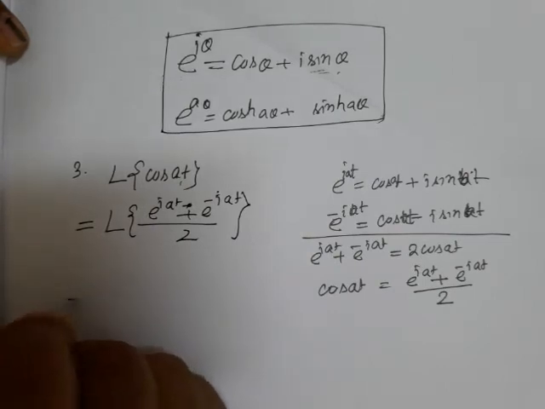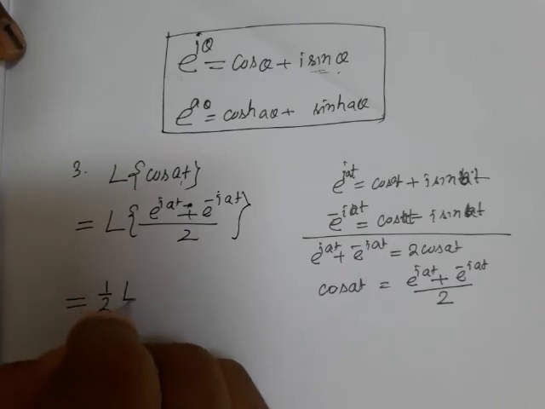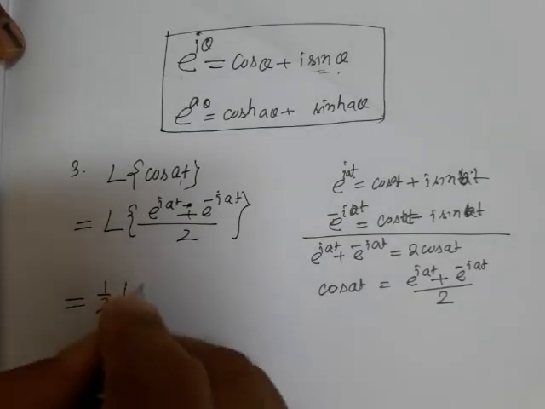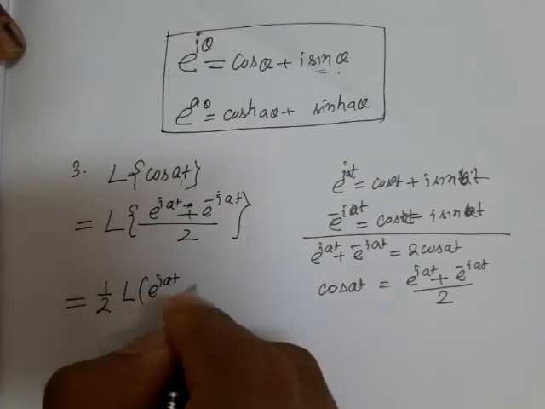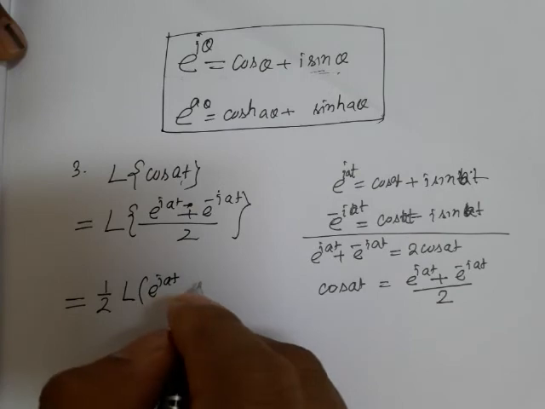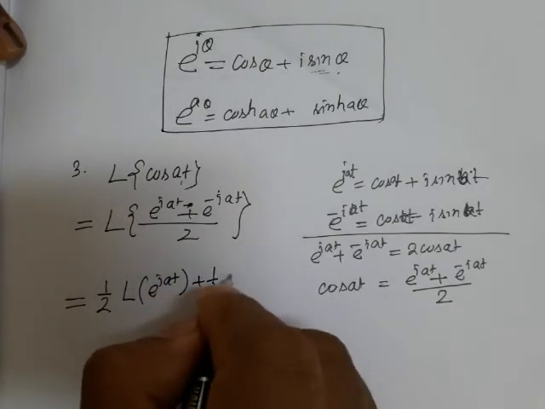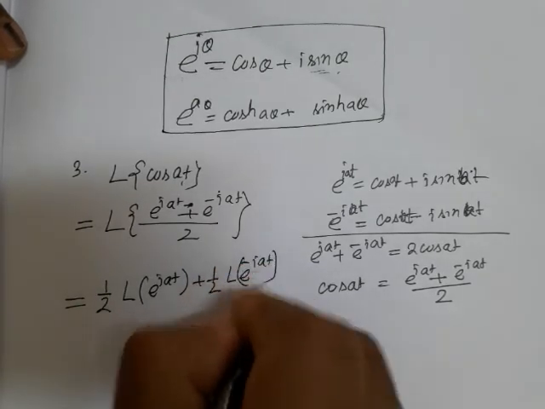Okay, so now see, 1 by 2. I have now used the linear property: 1 by 2 L of e to the power i a t plus 1 by 2 L of e to the power minus i a t.